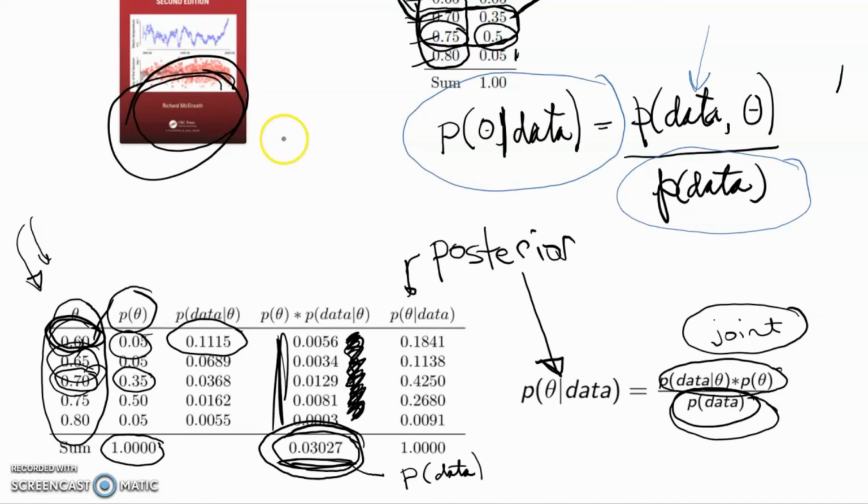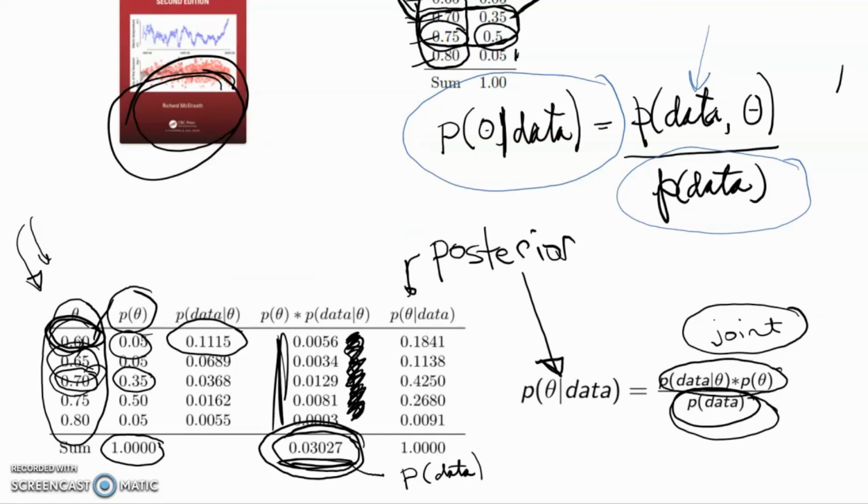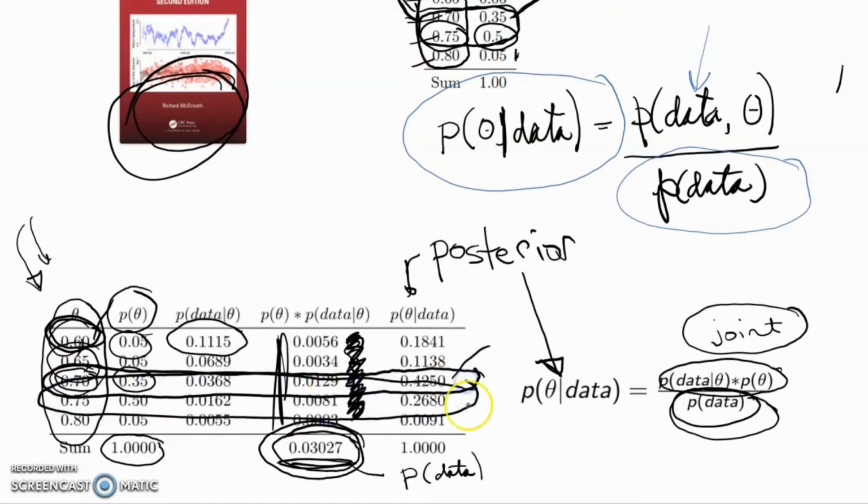Because I actually did the experiment and got 4 out of 10, which we can pretty much assume is not a terribly good estimate of what the true proportion of the water is on the Earth's surface. But even though this is a really bad estimate, when it comes to our ultimate conclusion, it looks like about 70% would be the most probable with 42%, maybe a bit higher, 75 with 27%.